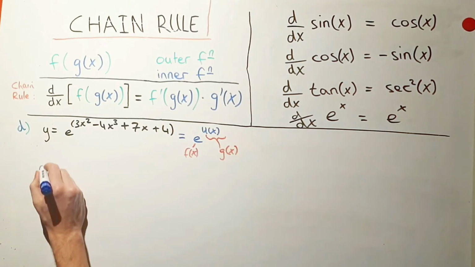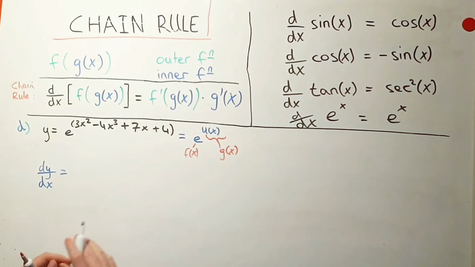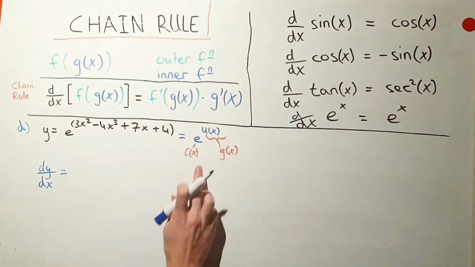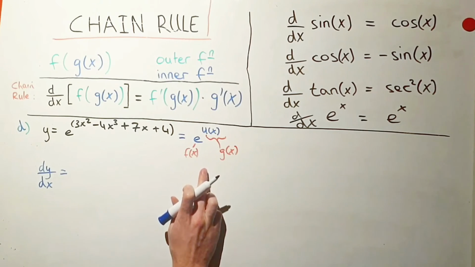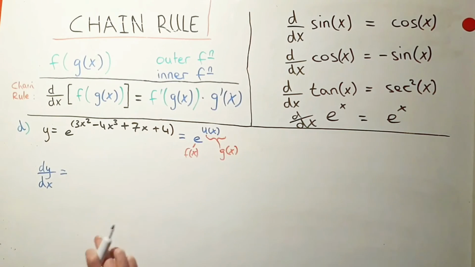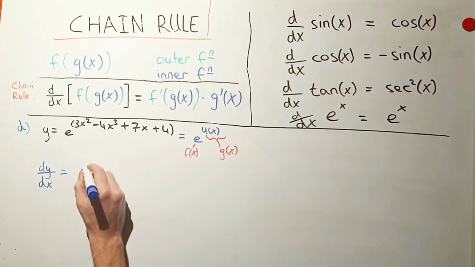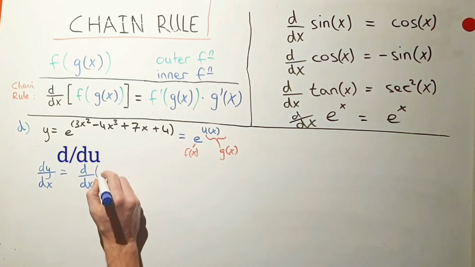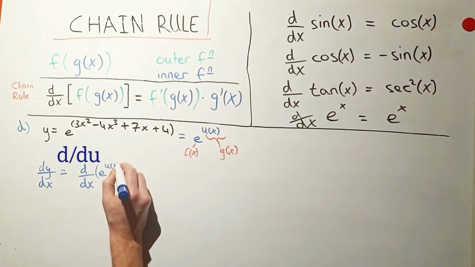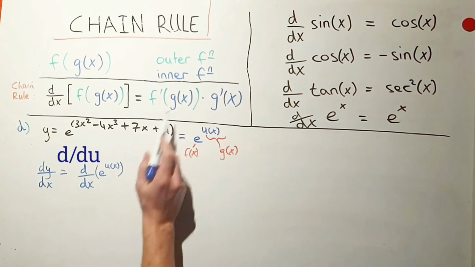All right, so to differentiate this y, firstly we of course have our dy dx. Before actually applying the differentiation, I'm going to lay out what we will be differentiating, just so it's clear to you guys watching. The chain rule states that we differentiate the outer function, which is our e function, whereas the g of x stays the same.